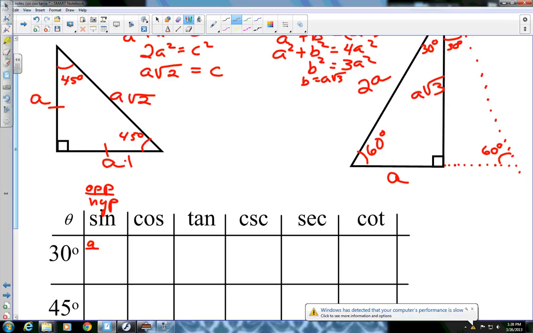So the sine is A over 2A, which simplifies to 1/2. Okay, so let's look at the cosine. What's that? Every single time, 1/2. It doesn't matter where it is, the sine of 30 degrees, or what numbers are in there, no matter what the A's are, it's always 1/2.